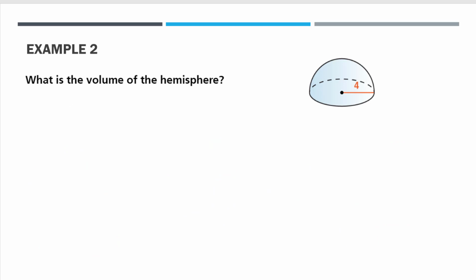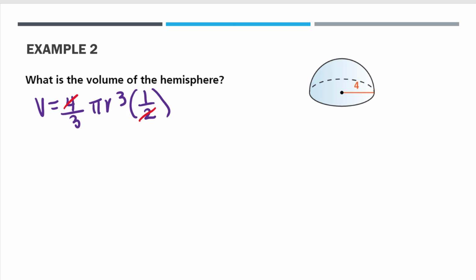In example 2, we're asked to find the volume of a hemisphere. So a hemisphere is just half of a sphere. So if we start with our formula for a sphere, 4/3 pi r cubed, and we take half of that, so I'm just going to multiply that by a half, we can actually simplify this equation.